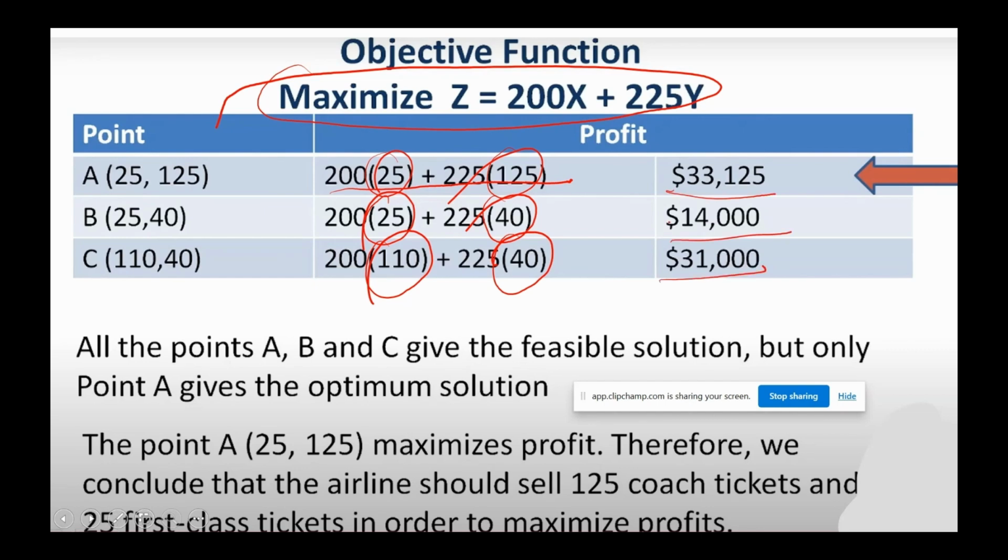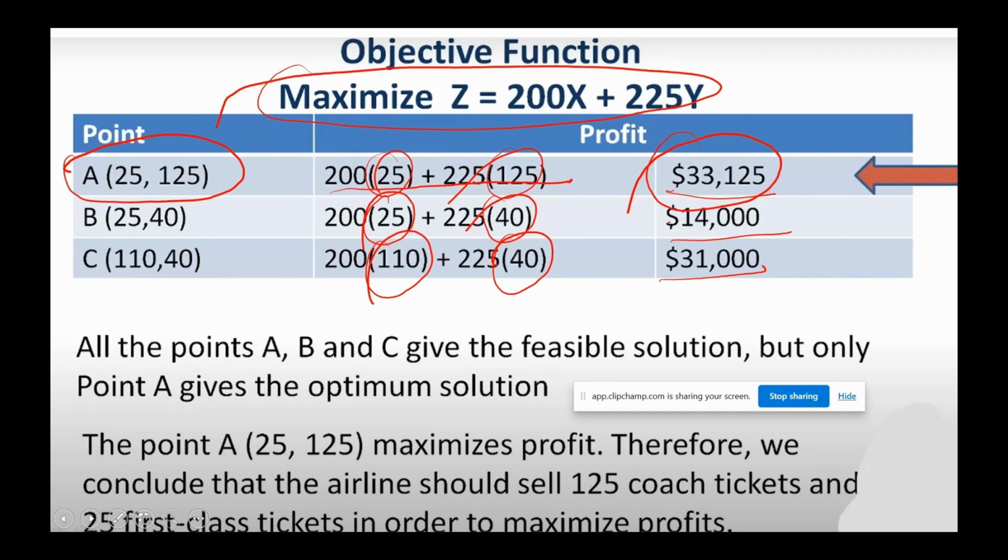Then we find the profits. These three profits have come. Out of these three, the maximum is this one, 33,125. So we say that point A, 25 and 125, is the solution because it maximizes the profit.